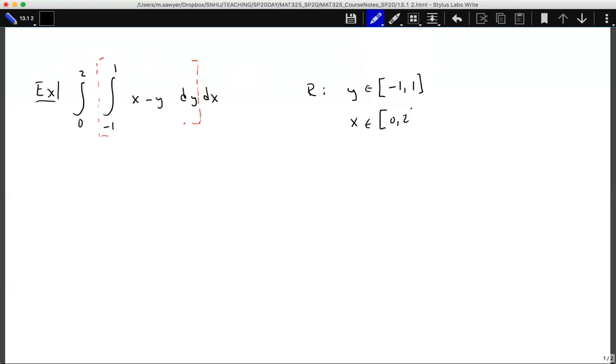and x has bounds from 0 to 2. So our region of integration, if we were to draw this on the xy plane, looking at our shadow, we have y bounded from -1 to 1, and x bounded from 0 to 2. So our region of integration looks like a little box here.